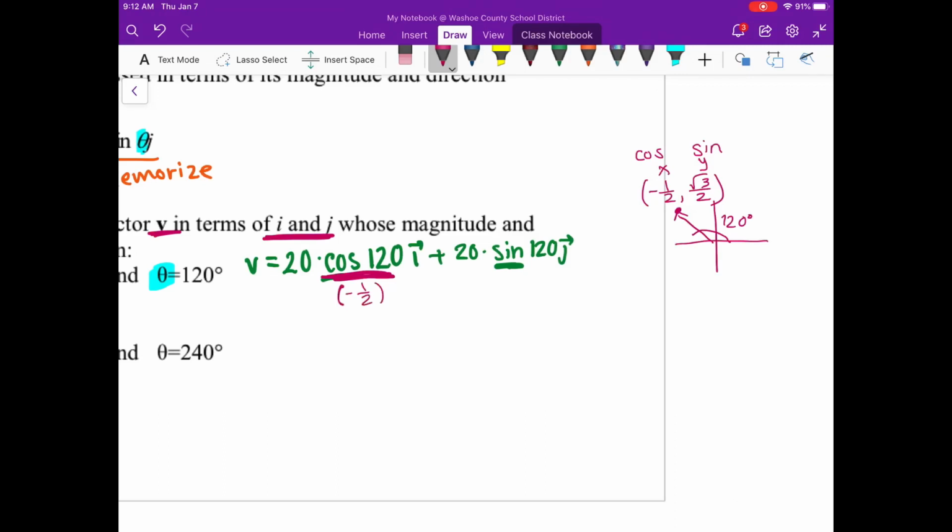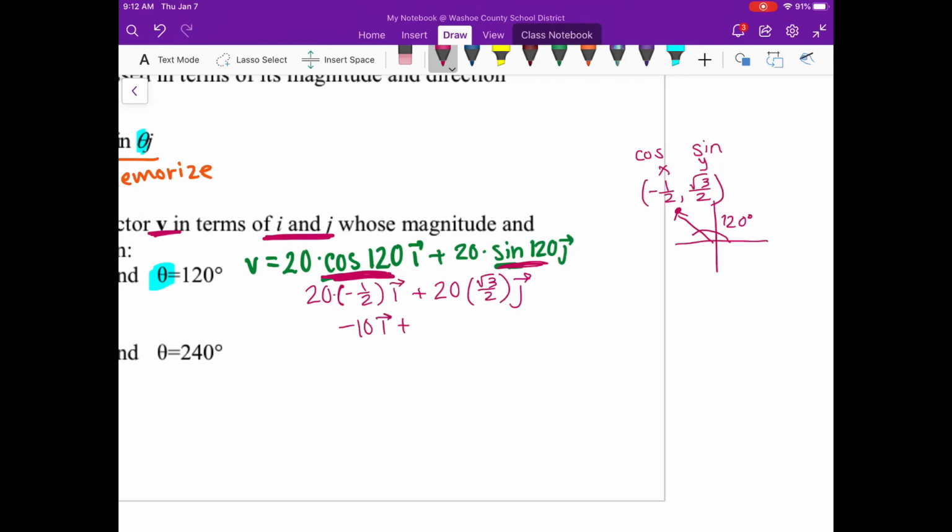So I'm going to replace my cosine of 120 with a negative 1/2 because that's the value. And then I'm going to replace my sine of 120 with square root of 3 over 2 because that's the value at 120. And then you're just going to multiply these together.